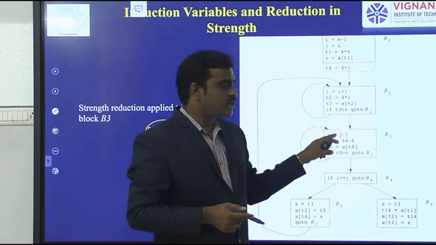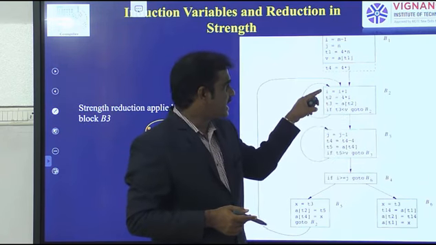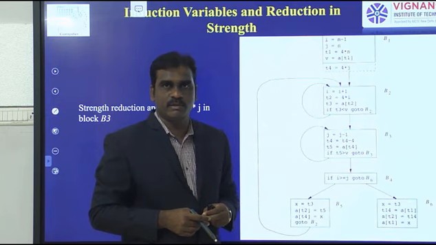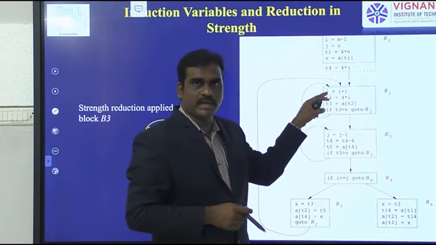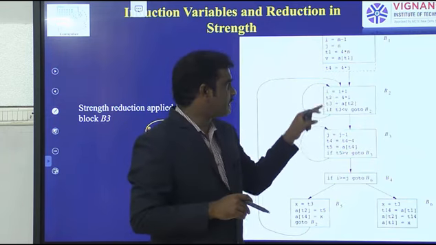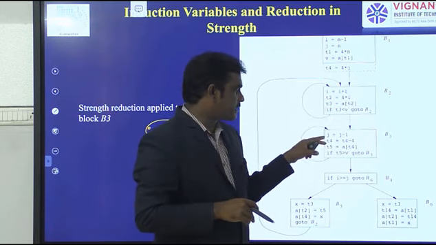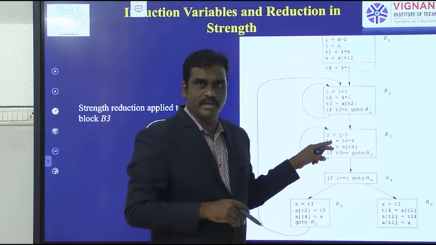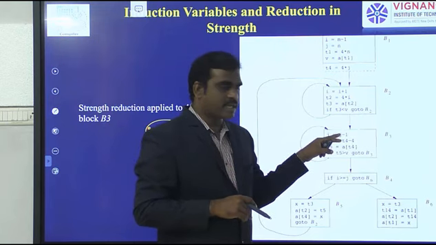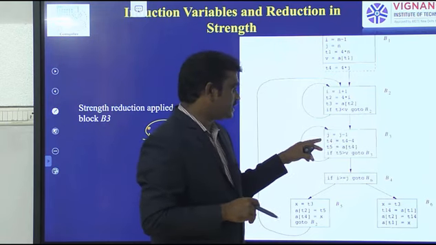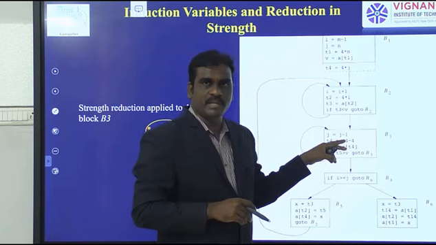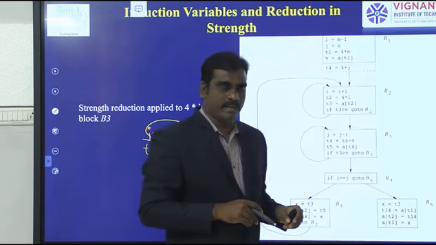In this case, j equal to j minus 1. So here I and t2 are induction variables. We can remove I and use only t2. Every time t2 is incremented by 4. Whereas in this case the induction variables are j and t4. j is every time decremented by 1, whereas t4 is every time decremented by 4.